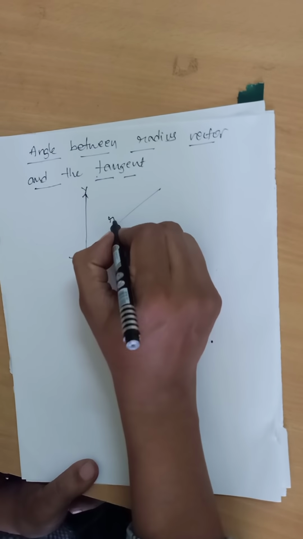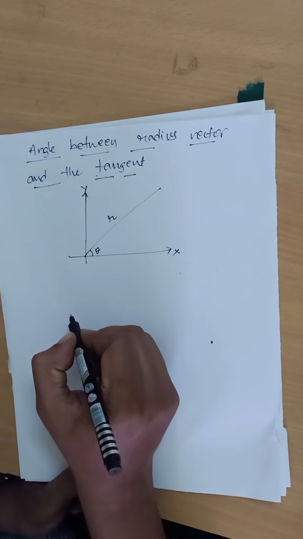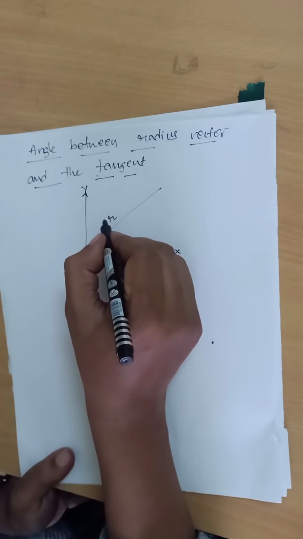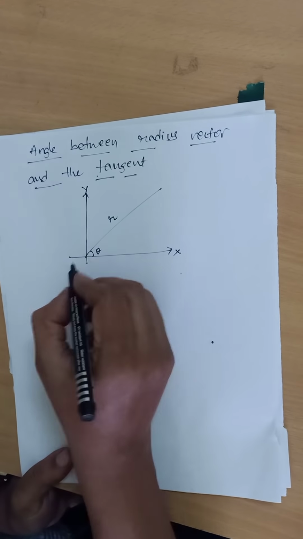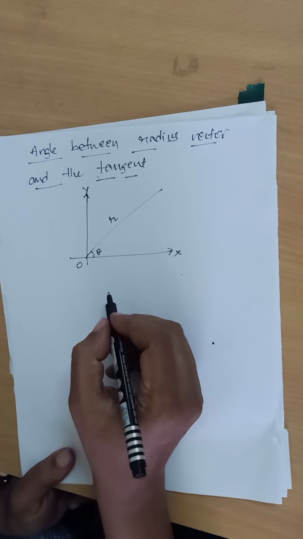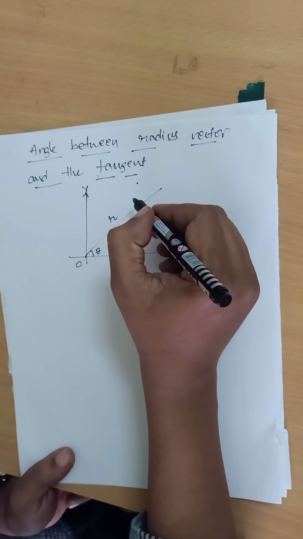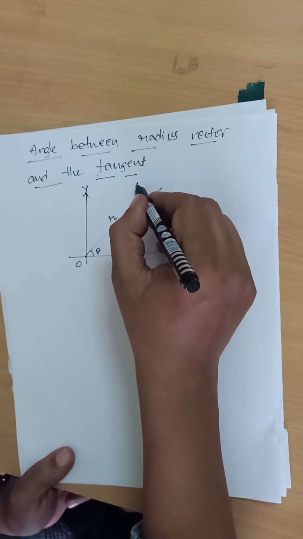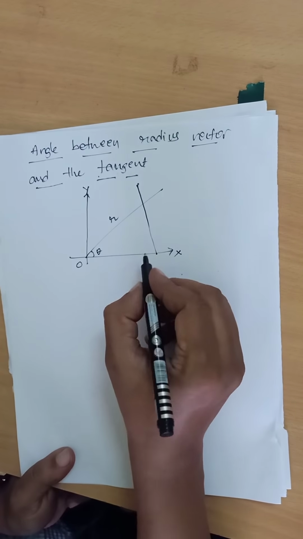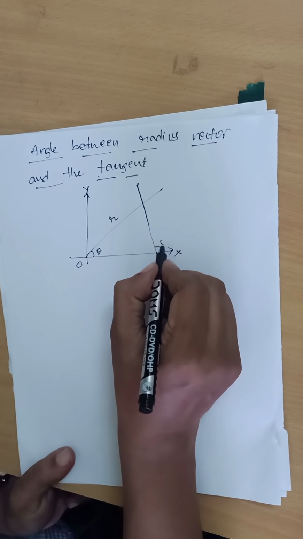This is r, the radius vector, and theta is the vectorial angle from the origin. You draw this line, denoted by xi.